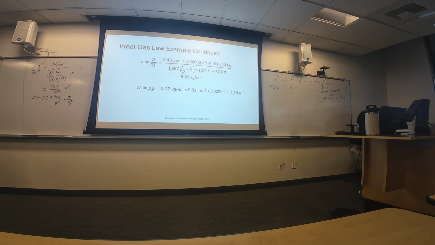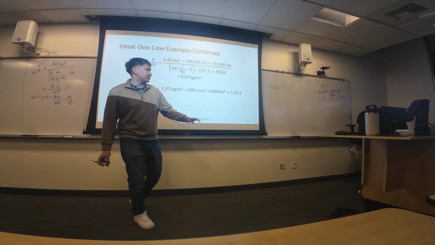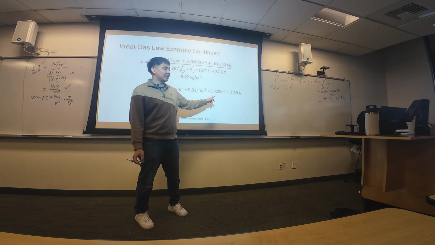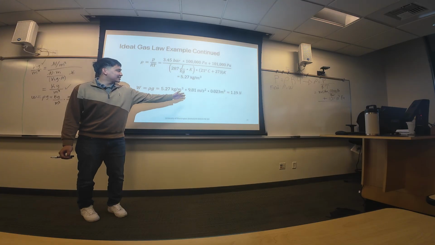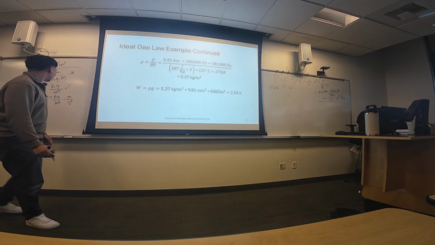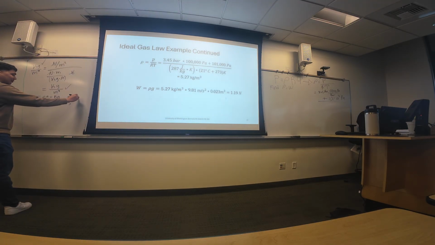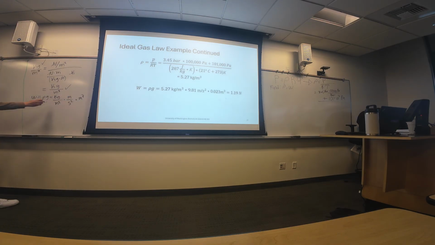And then the textbook, this is where they messed up. They did not put this volume in there. So then I was sitting at home at night, I was like, why do they only have this and this? That doesn't make newtons. So this is where the textbook messed up, if anyone's reading it. Right, so now your meters cubed cancel out.